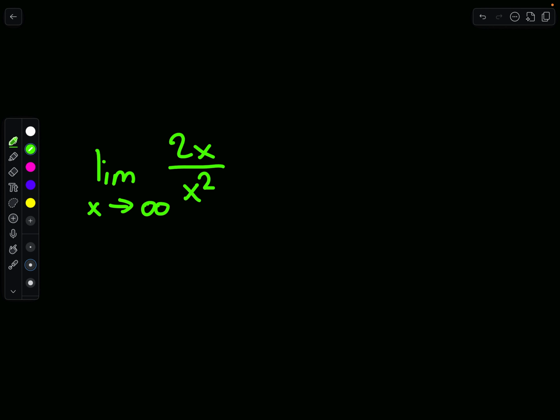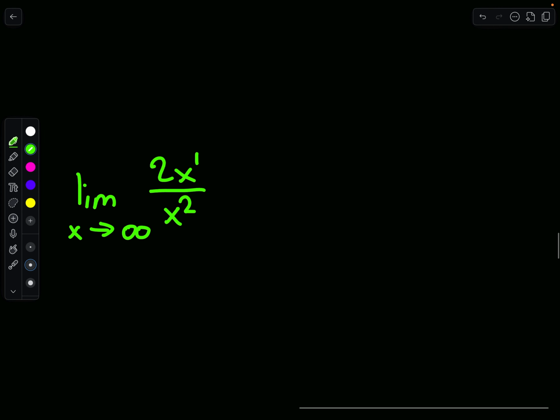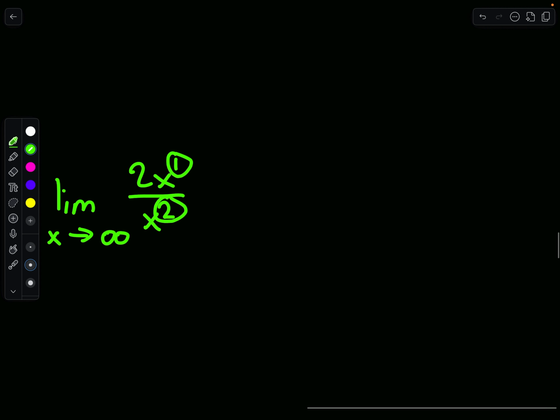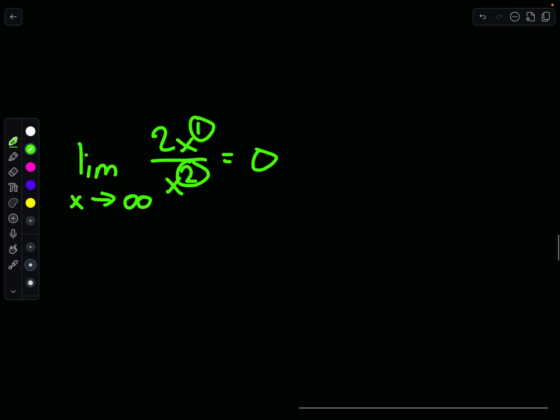Now here you can see that this is 2x to the first. Because this first is smaller than this second, this is just going to be equal to 0. Because as x gets closer and closer to infinity, the bottom function is going to increase at a much faster rate than the top function.